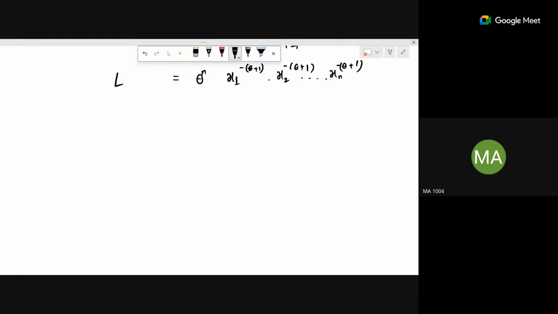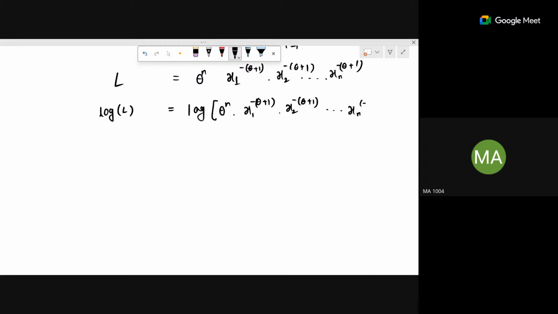So we will just take the log likelihood, that means log on both sides. So log of L will be what? The logarithm of these things. What will we get if we apply log on this term? Theta raised to the power n into x1 to the power minus of theta plus 1, into x2 raised to the power minus of theta plus 1, and so on.